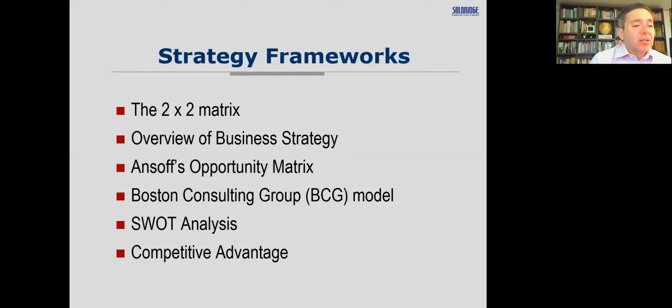And the third one is the Boston Consulting Group BCG model. Then we'll do a SWOT analysis. We'll talk about SWOT analysis, which is strengths, weaknesses, opportunities, threats. And we'll finish with the basic concepts of competitive advantage.